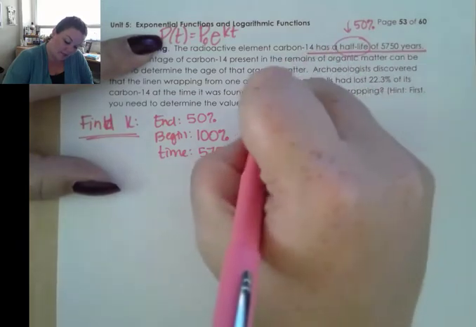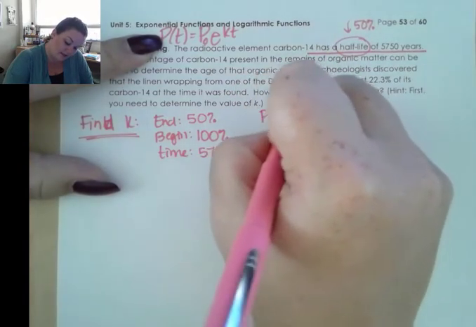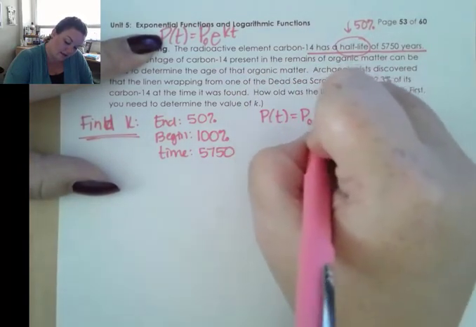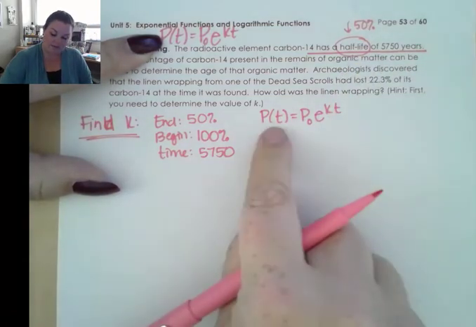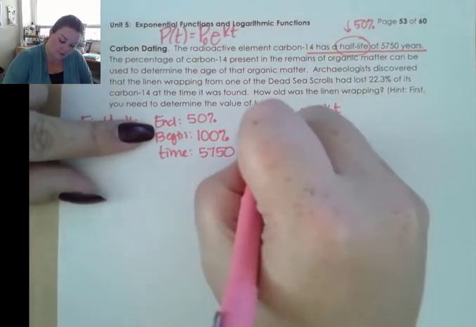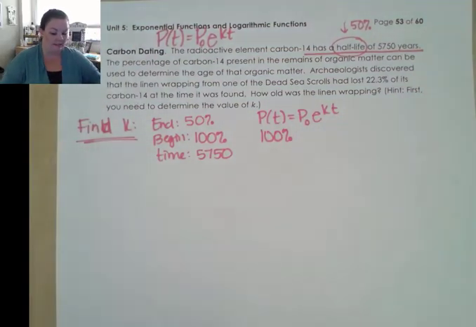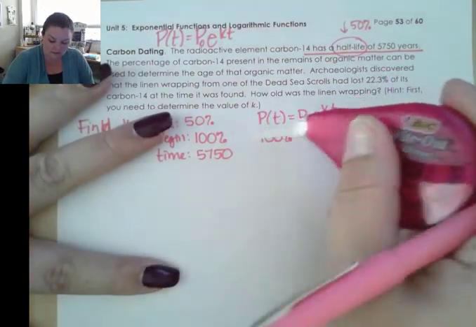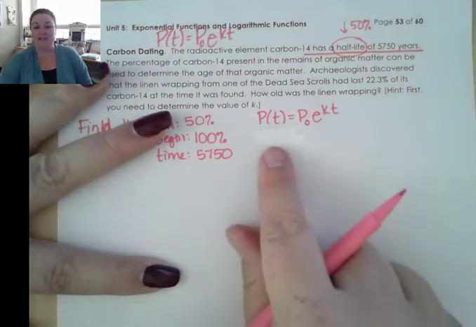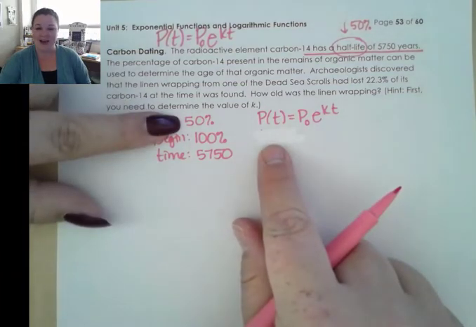So I'm going to go ahead and put in my function P of t is equal to P naught e to the kt. I'm going to put in my ending amount, which is 100%. No, it's not. I'm lying. Don't listen to me. We're ending with 50%, right? Because it's a half-life.